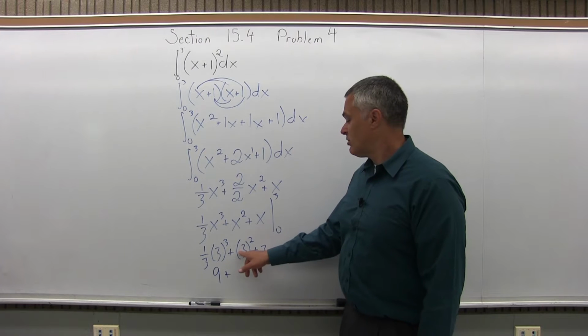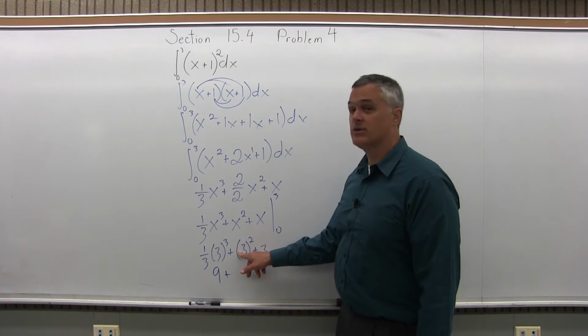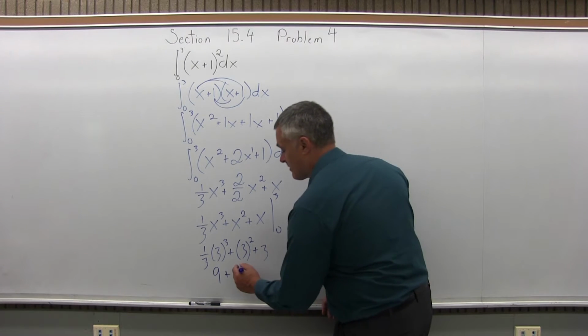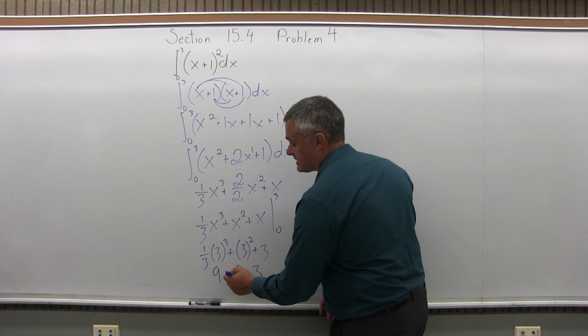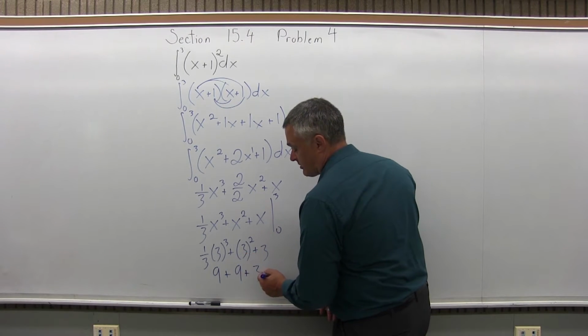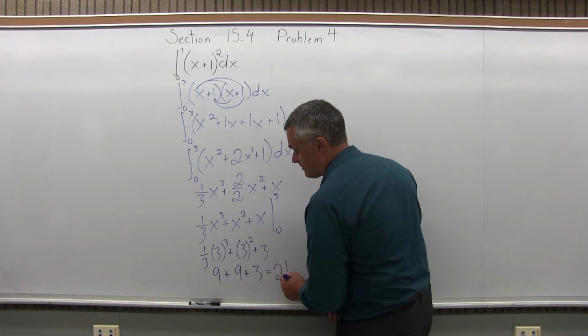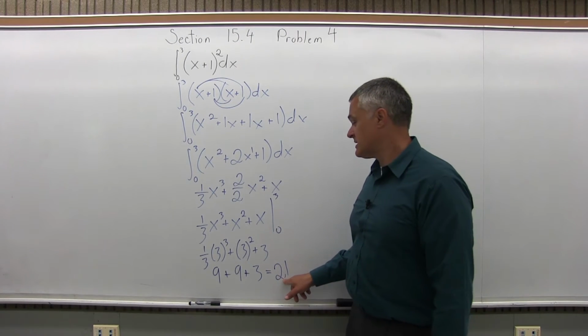Then plus 3 squared, 3 times 3 is also 9. Plus 3 more at the end, so 9 plus 9 is 18, plus another 3 is 21. So that's the answer for step 2.